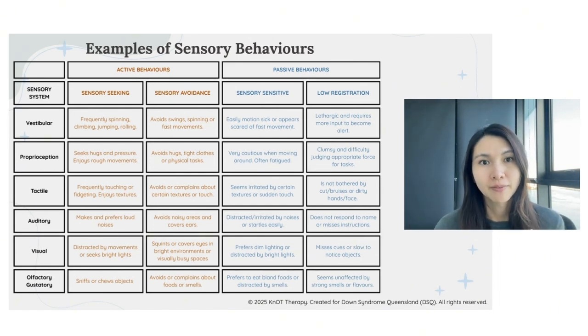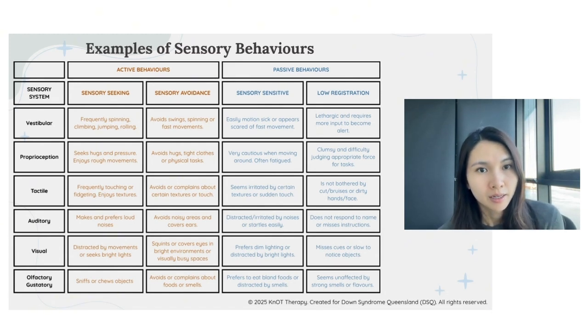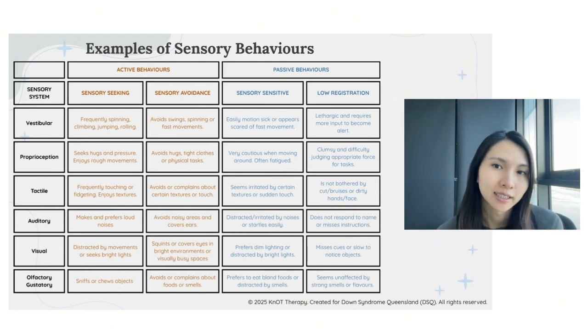A student may be vestibular seeking, craving movement like spinning, rolling around. In another sense, they might be tactile avoidant, pulling away from certain textures or unexpected touch. They can be sensitive to auditory input, getting easily distracted or distressed by background noise.